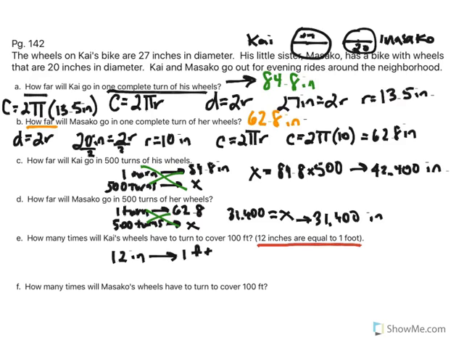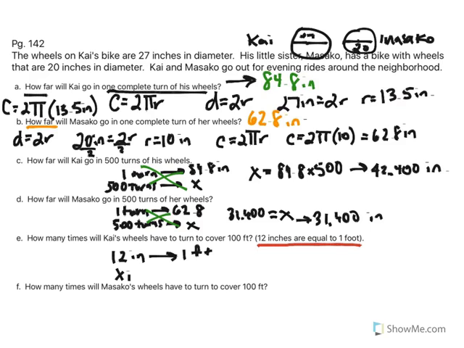We have to make sure that we find out how many inches are in 100 feet before we find out how many turns we'll have to cover 100 feet. That's okay. That's why it's important to make sure you can diagnose your own mistakes, because if this was a test, I wouldn't be there to help you.